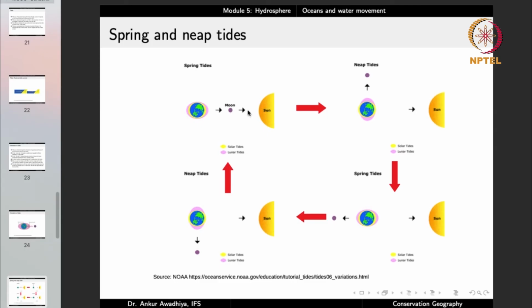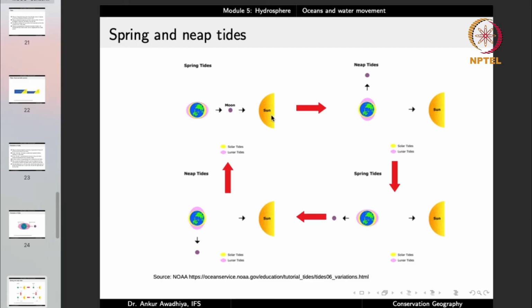Now when the moon and the sun are on one side, so the earth, the moon and the sun form a straight line, here we get a high tide and the height is very high because both of these impacts are adding together. Similarly on this side as well, both the impacts are adding together.